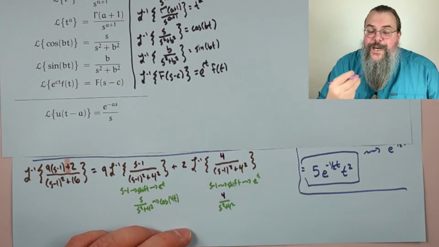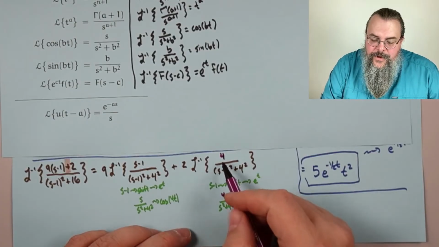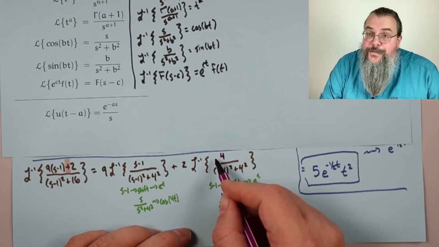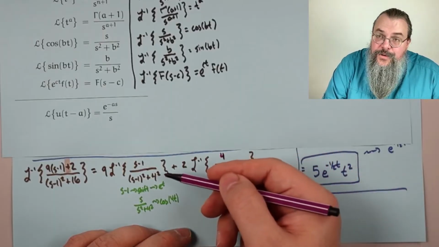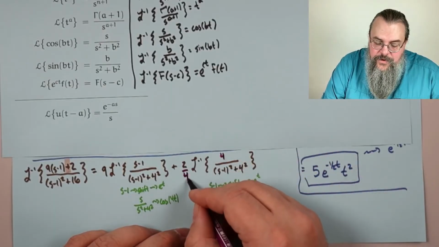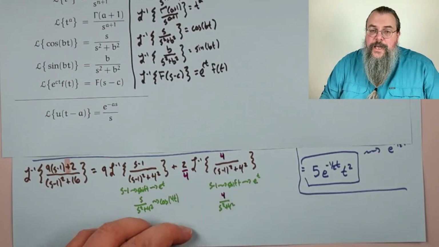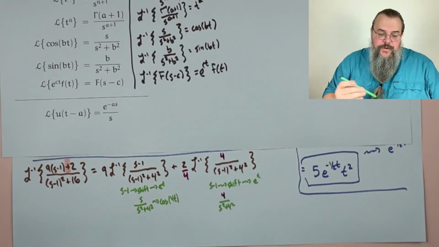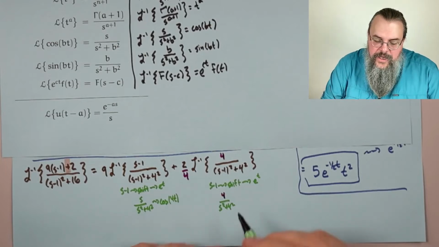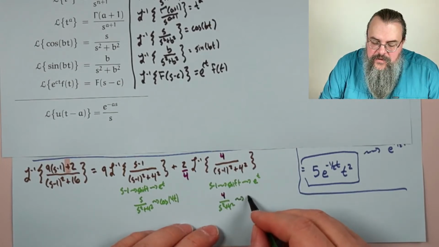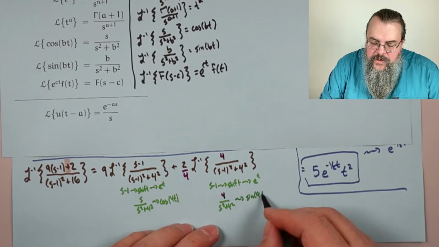So what's the compensation? If I put a 4, I should also have a 1/4, which can be pulled out, so I can put it over 4. So these 4s are canceling. And now we're like, oh, good. With that in place, that tells us that this should be a sine of 4t.